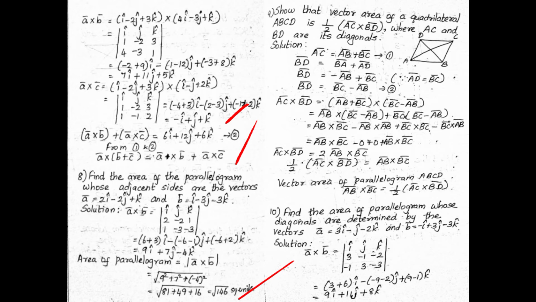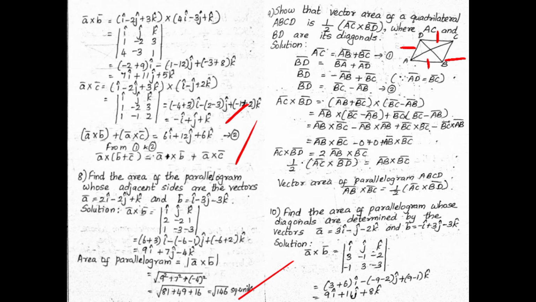Then the ninth one: show that the vector area of a quadrilateral, a parallelogram ABCD, is half AC vector cross BD vector, where AC vector and BD vector are the diagonals. Now here we have to prove. ABCD is a parallelogram, therefore the opposite sides are equal.